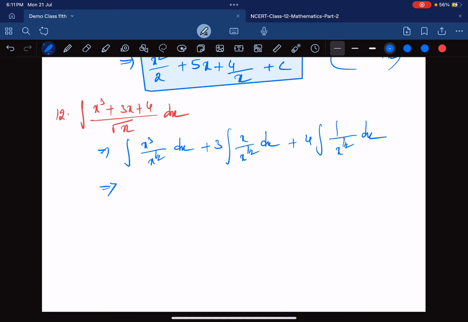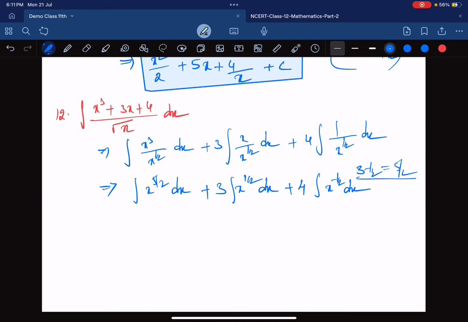Which implies 3 minus 1/2, so 5/2. The integration of x^(5/2) dx plus 3 times x, where x can be written as √x into √x, and then the √x in the denominator gets cancelled, x^(1/2) dx, plus 4 times the integration of x^(−1/2) dx.